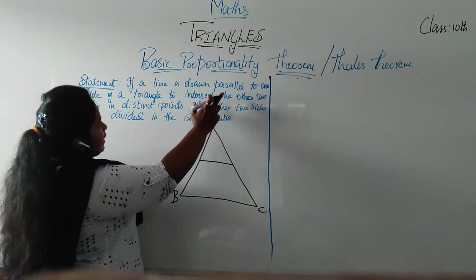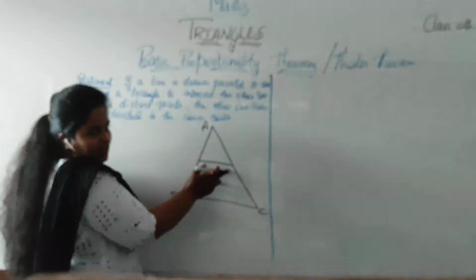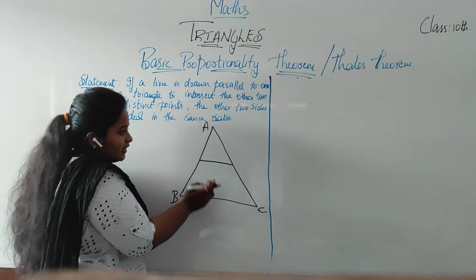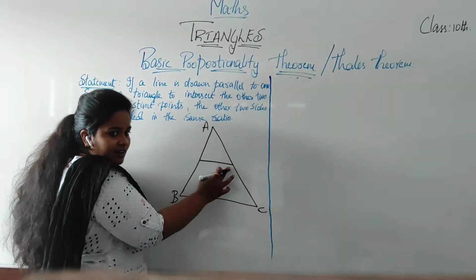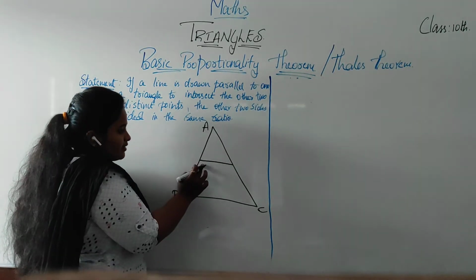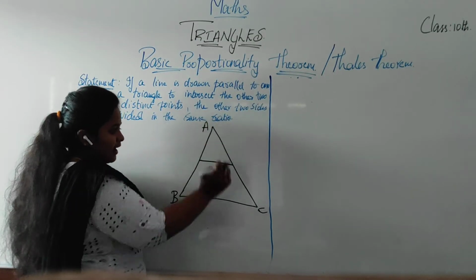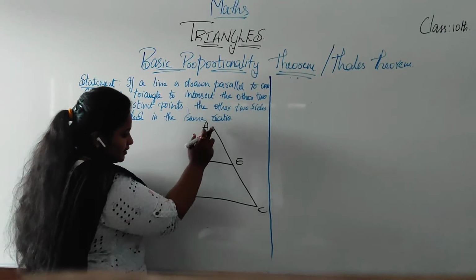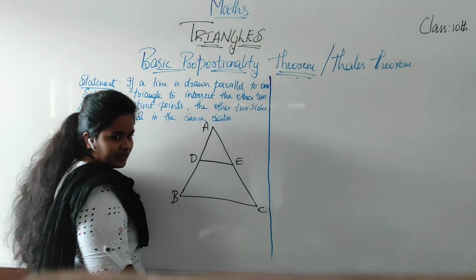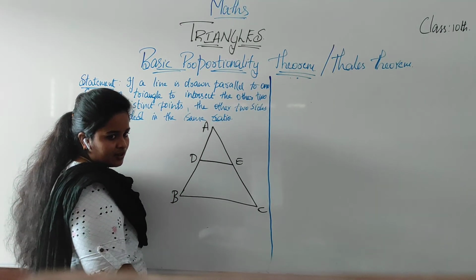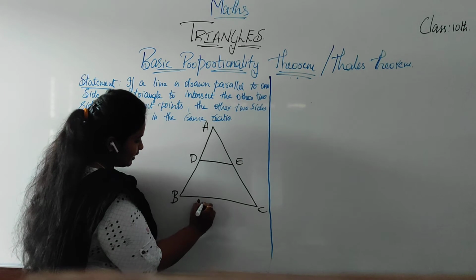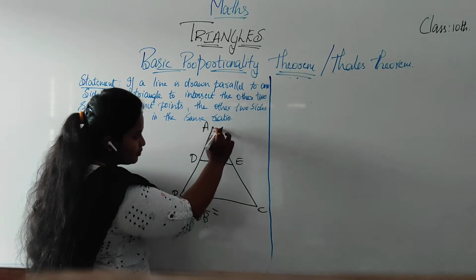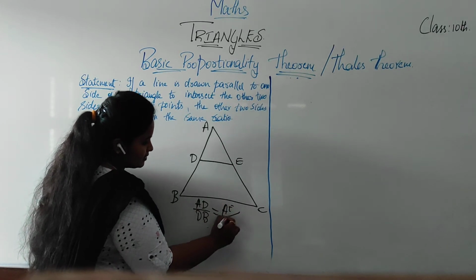So I draw one line which is parallel to one side of the triangle. This line intersects the other two sides, AB and AC. Mark these points as D and E. So D intersects AB, E intersects AC. So the fraction AD by DB is equal to AE by EC.